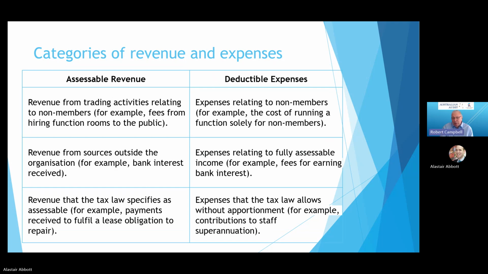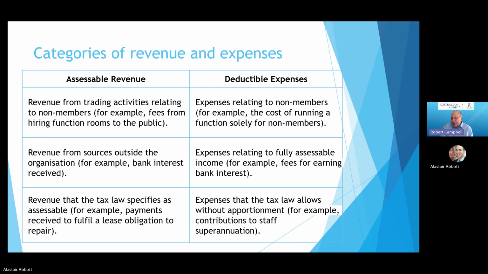Here is assessable revenue. Revenue from trading activities with non-members, fees for hiring function rooms, etc. Revenue from sources outside the organisation, bank interest received. Revenue that the tax law specifically says is specifically assessable. Payments to fulfil a lease obligation.